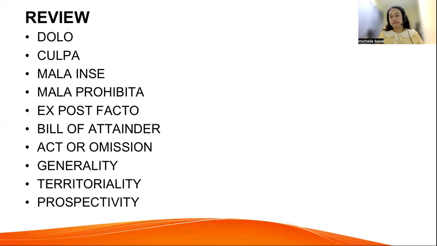Who are the members of the legislature? Of course, we have the House of Representatives, our congressmen, including our party list representatives, and our Senate. So we have the upper house, which is the Senate, and the lower house, which is the House of Representatives, and both of them compose the legislature.